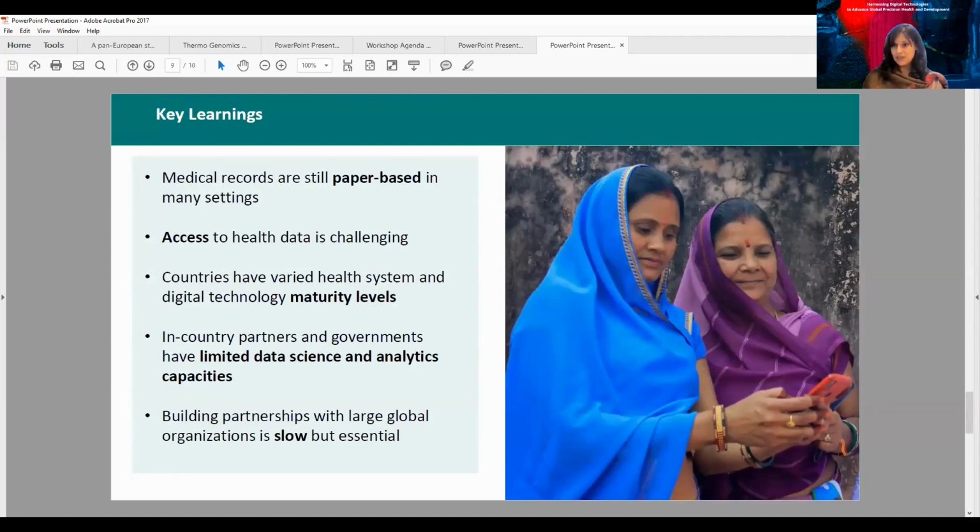Very quickly summarizing where we have challenges, and I won't read them out, but fundamentally, data is still paper-based, countries have different maturity levels, and capabilities are limited. So there's a lot of work to be done to reach the goal and the aspirations that we have in front of us. So with that, I will stop and thank you for your patience while we fix the technology issues.